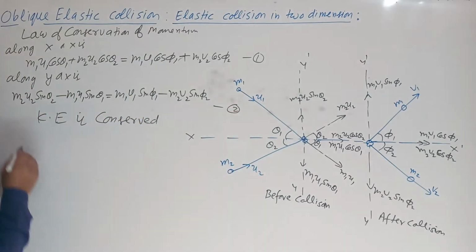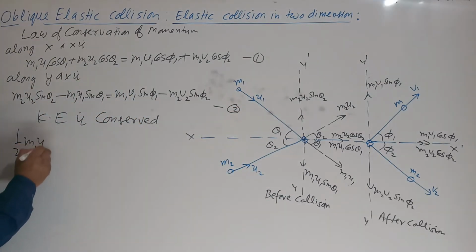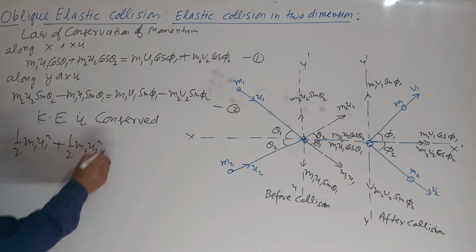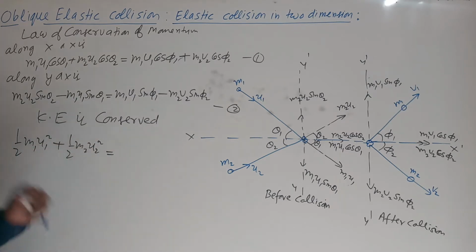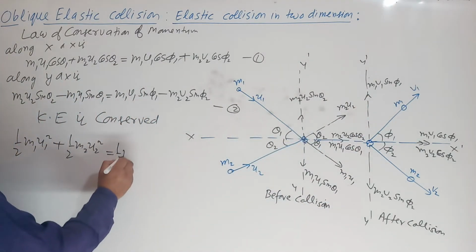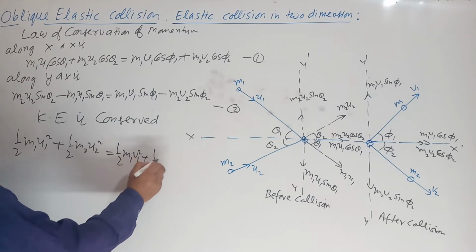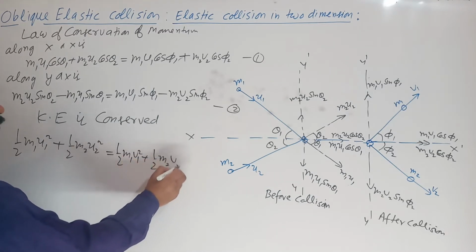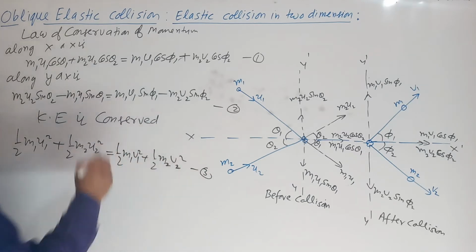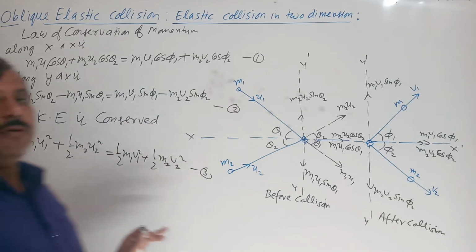Kinetic energy before collision is half m1 u1 square plus half m2 u2 square. After collision, kinetic energy will be half m1 v1 square plus half m2 v2 square. So this will be the third equation. So three equations we will form.